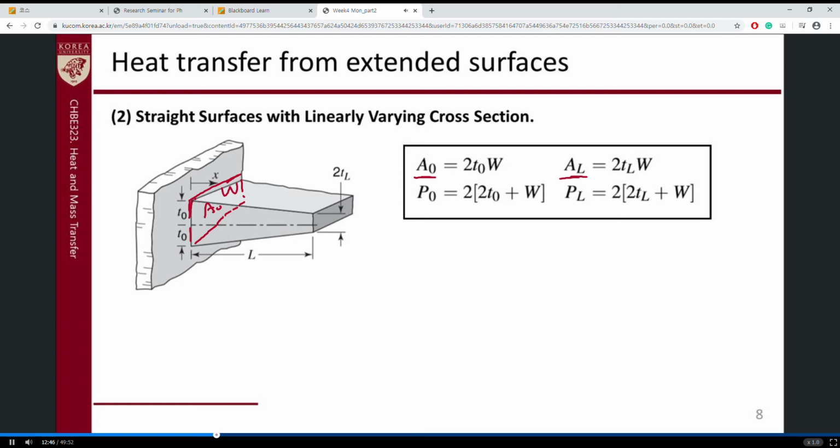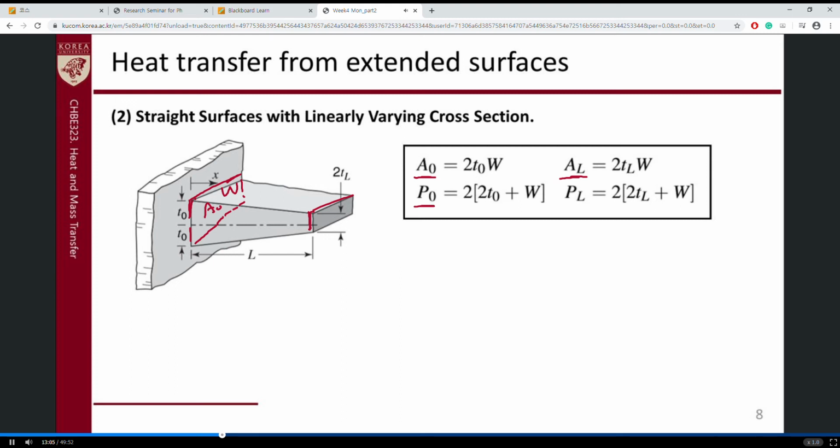How about AL? AL can be calculated like this. This is TL, so 2TL multiplied by W, because these W values are not changed depending on the x value, right? So we can define AL like this.